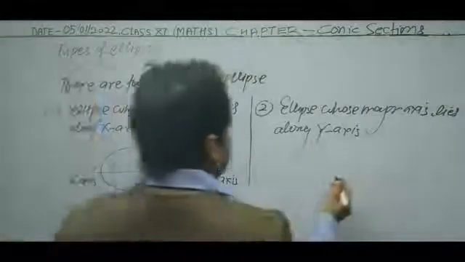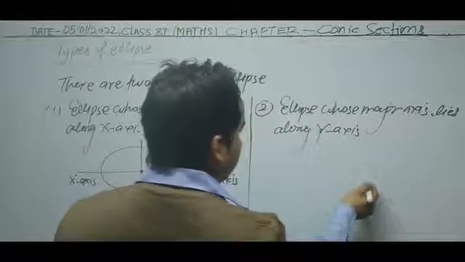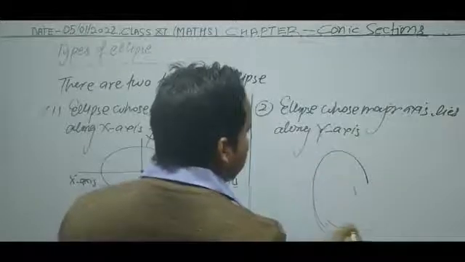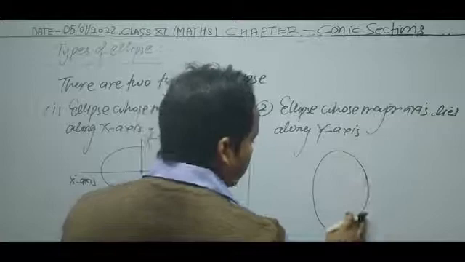Now in this ellipse you will see this is the type of ellipse whose major axis lies along the y-axis. So this type of figure you will see.